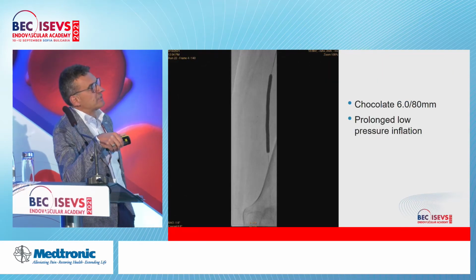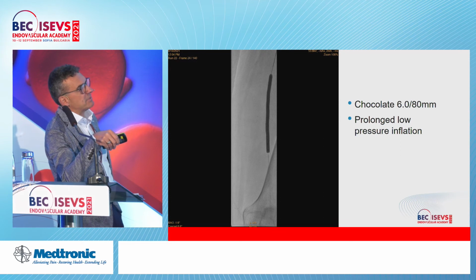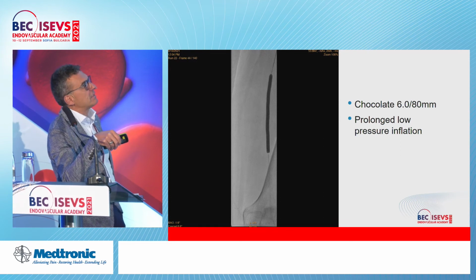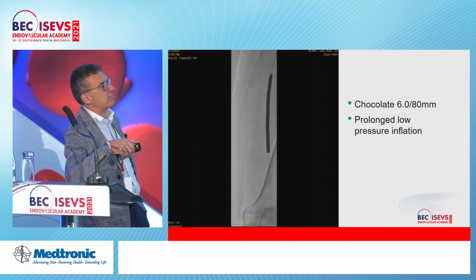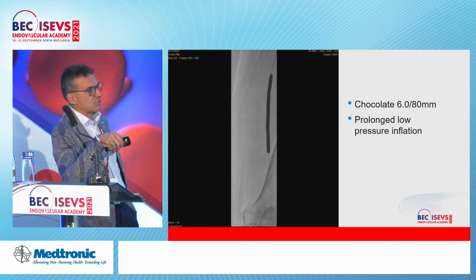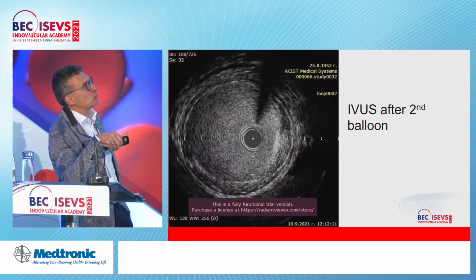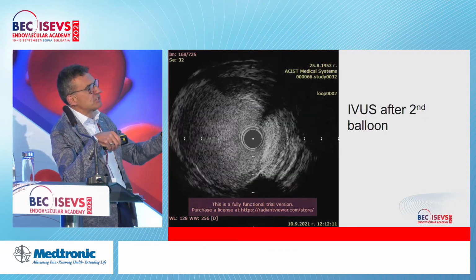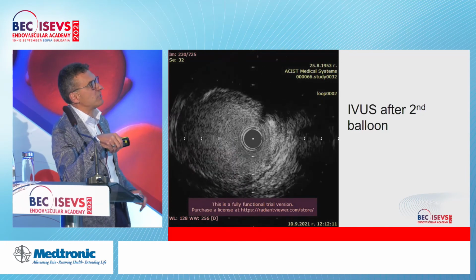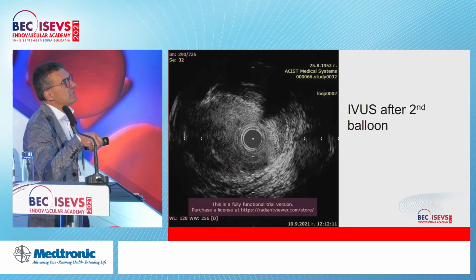So we inflated in a second step a 6 millimeter by 80, so 1 millimeter higher compared to the previous, with a very prolonged low pressure inflation. The surprise was twofold. First, the dissection was less, so we had less dissected segment.